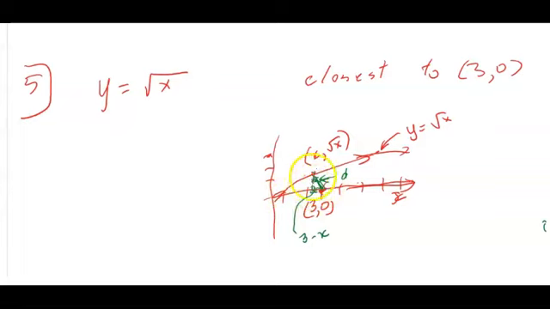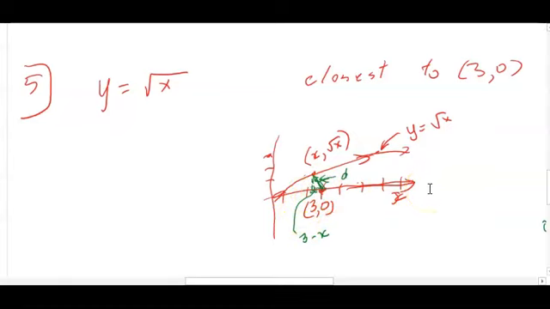The difference between the point where the vertical hits the x-axis and 3 will be a difference of 3 minus x units.